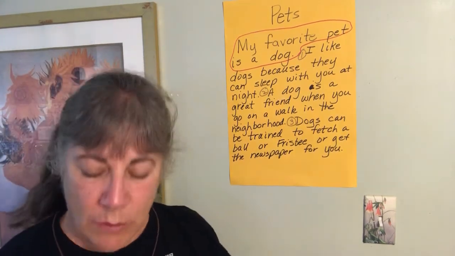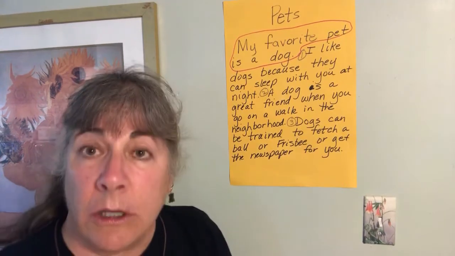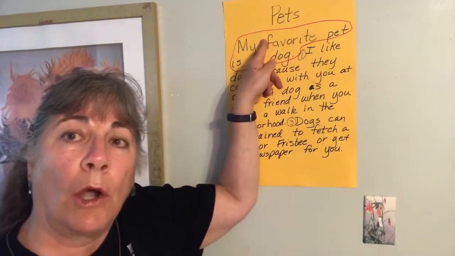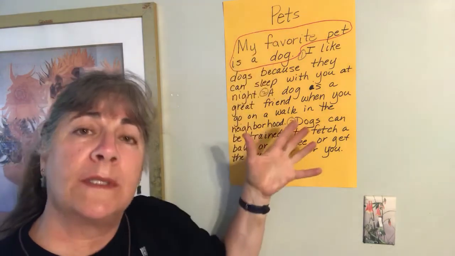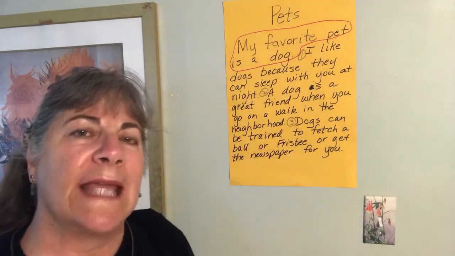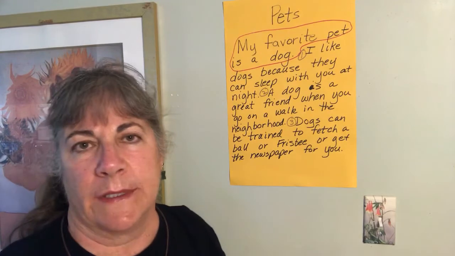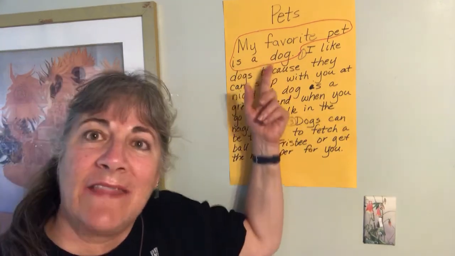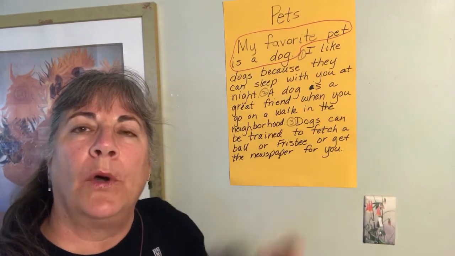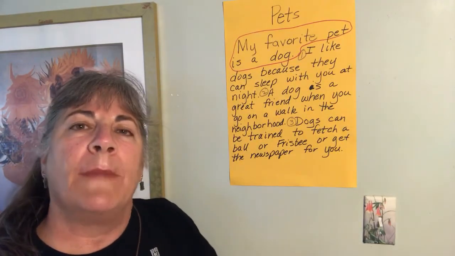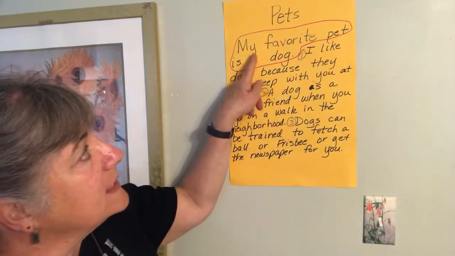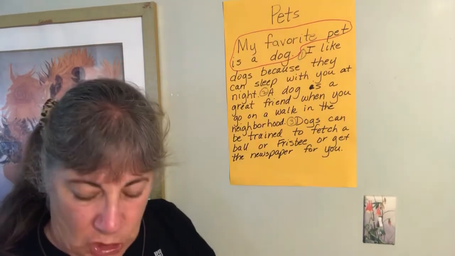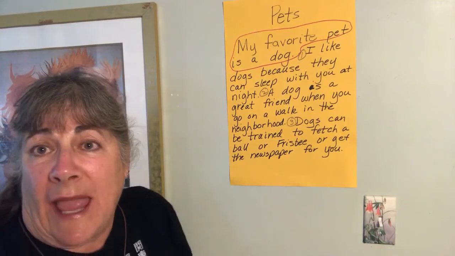Now we need a closing sentence. And our closing sentence has to be very similar to our opening sentence. It's almost like a reflection, but you don't want to say the same words because that would sound like you're repeating yourself. So you want to have the idea the same, but you want to put it in different order or maybe using different words. So instead of my favorite pet is a dog, how about having a dog in the family is special and fun?